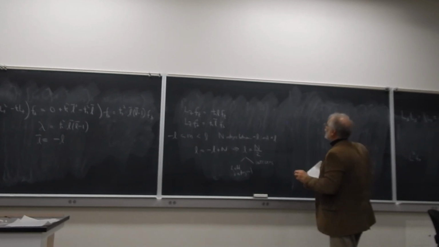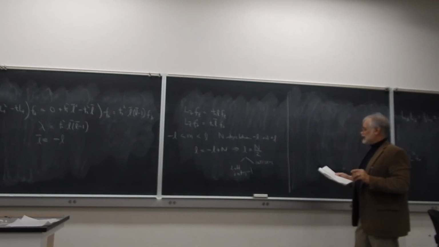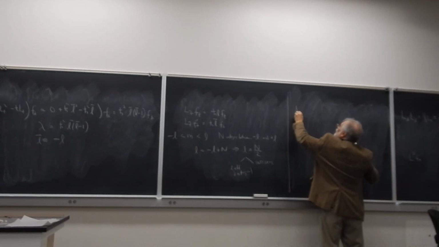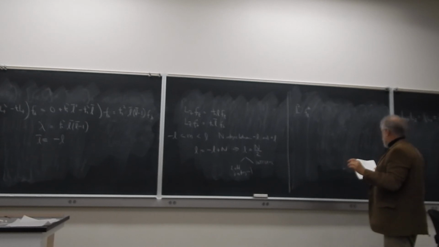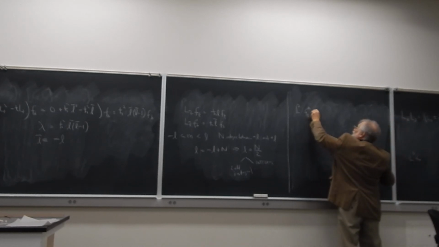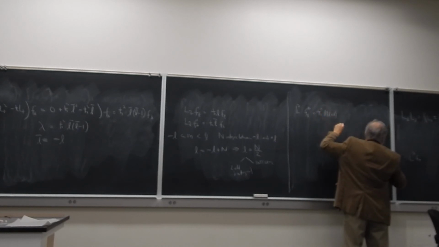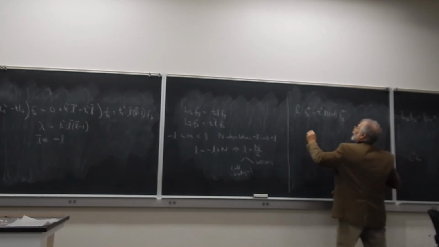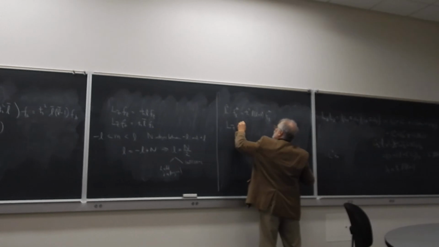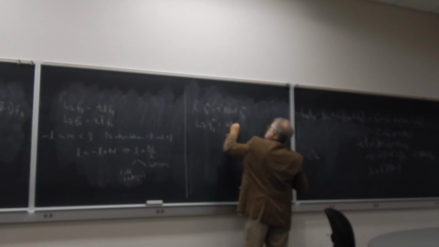We're going to use L and m to characterize our eigenfunctions. In other words, L squared, my angular momentum operator squared, applied to this eigenfunction f sub Lm is going to be equal to h bar squared L times L plus 1 f sub Lm. And Lz applied to f sub Lm is going to be equal to m h bar f sub Lm.